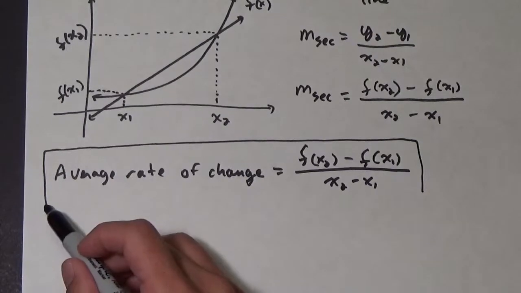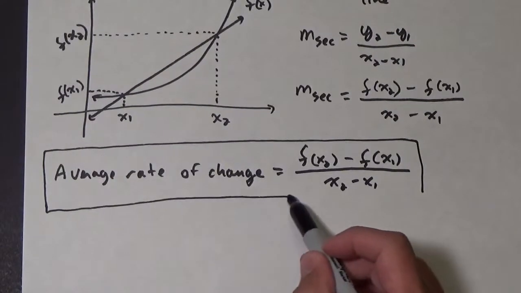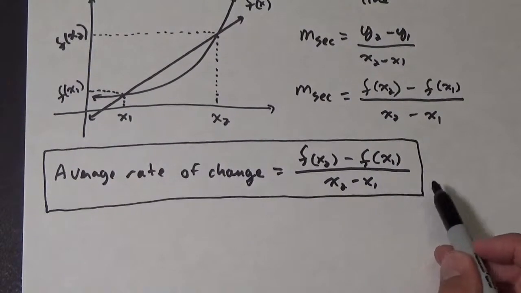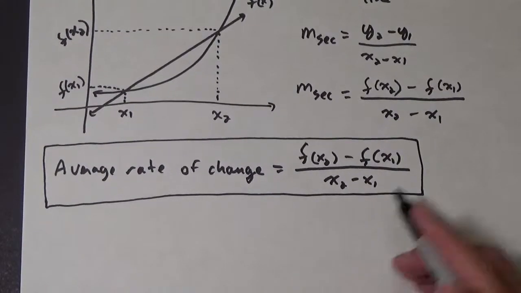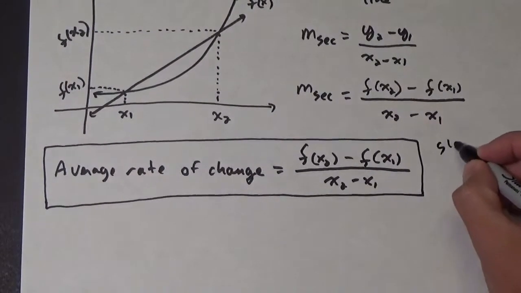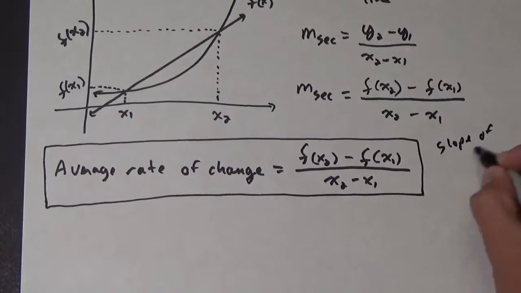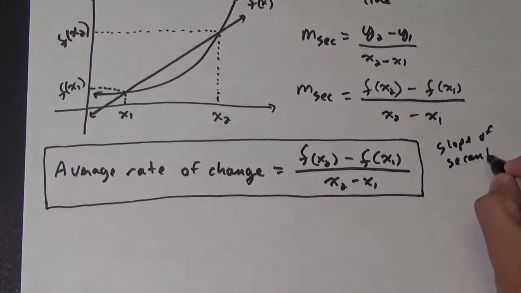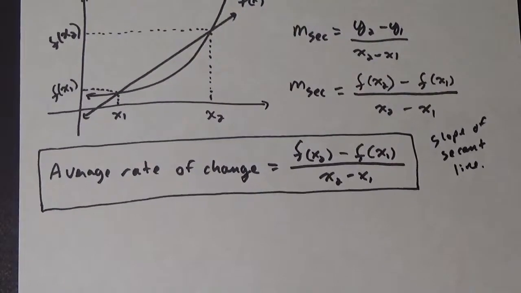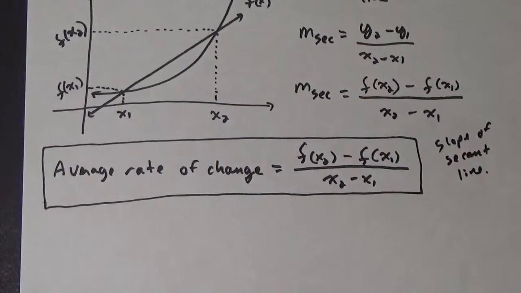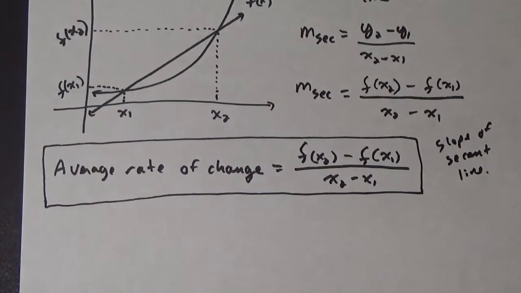So this is something that you need to remember, but if you remember this is just the slope of the secant line, and that's how I remember it. I just remember it as slope of the secant line. It makes it a lot easier to remember this.